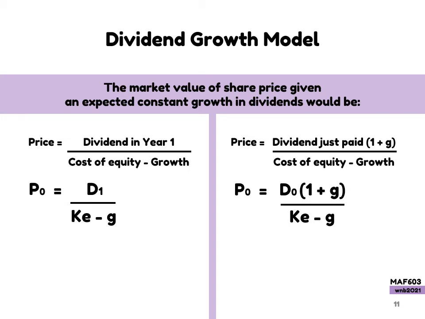The stock price, P0, the price for today, is a function of the dividend in year 1 divided by cost of equity minus growth. So here is what we are talking about, the KE, the cost of internal common equity.